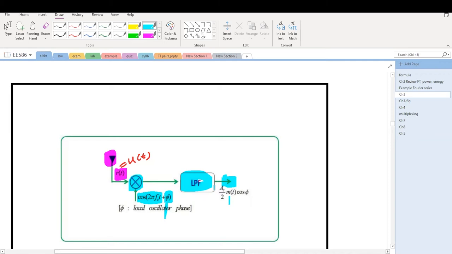The output of the low pass filter is proportional to the message. Proportional is not equal to the message directly; the magnitude can be up or down by some amount, but the shape is the same. You can see here the output is scaled by half Ac and by cosine phi, where phi is the local phase at the receiver.